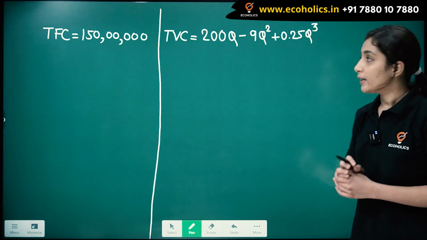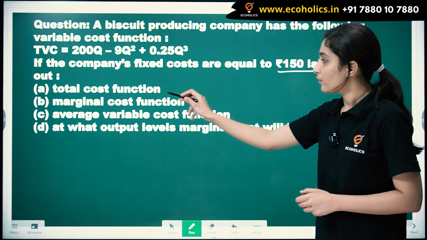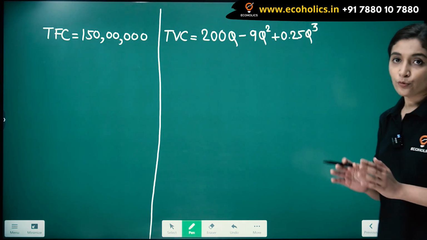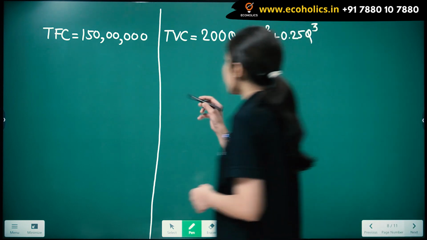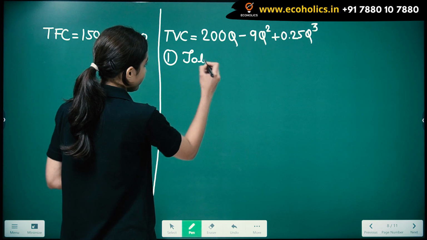Now what we are asked is, first, we need to find the total cost function.